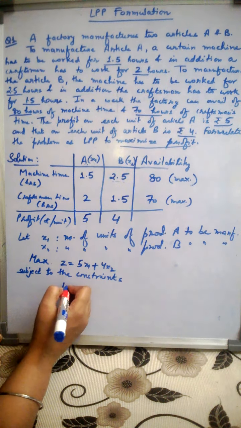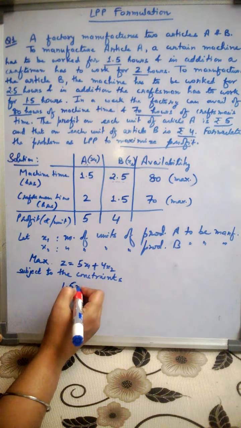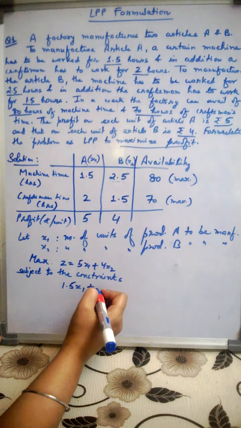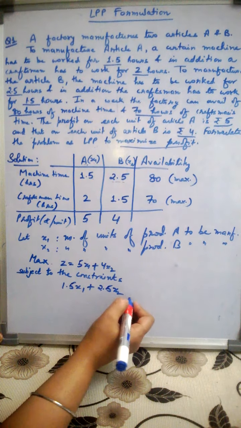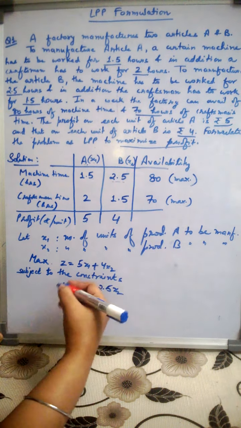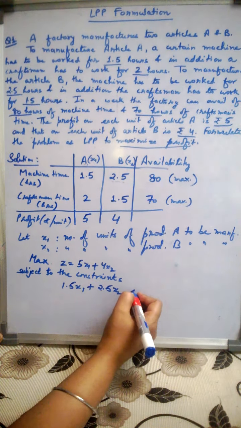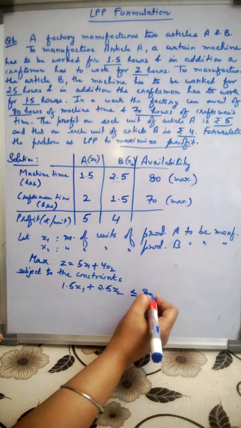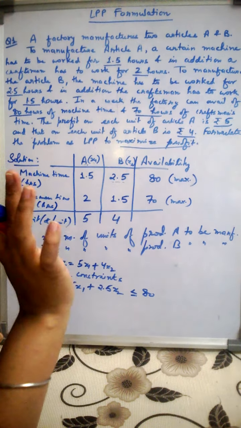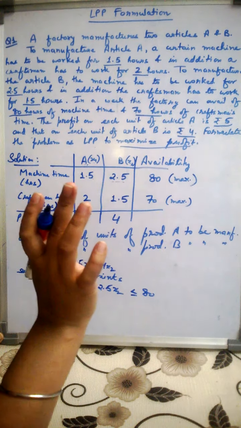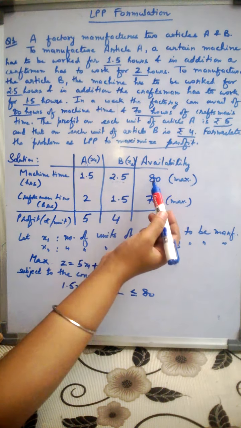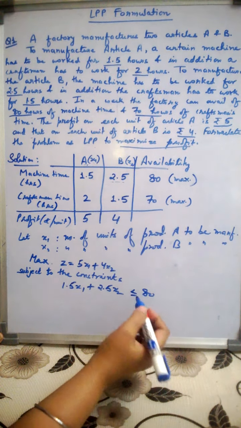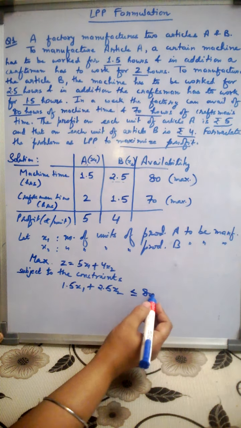So total machine time required in order to produce x1 units of A and x2 units of B is this. Now this is the total consumption of machine time. Now this consumption cannot be greater than 80 because 80 is the maximum time that the factory can avail. So this total consumption cannot be more than 80. So this is our constraint.